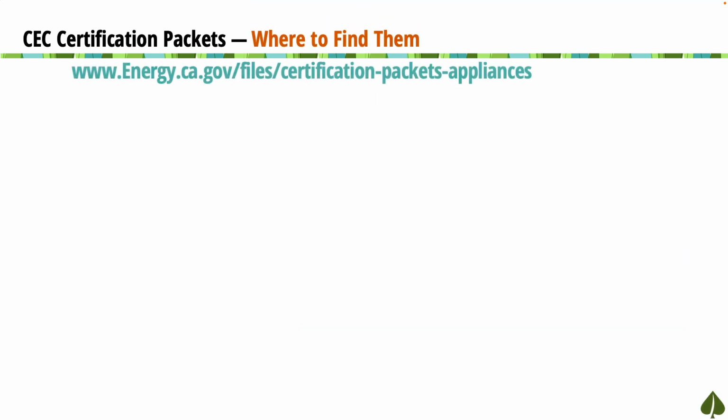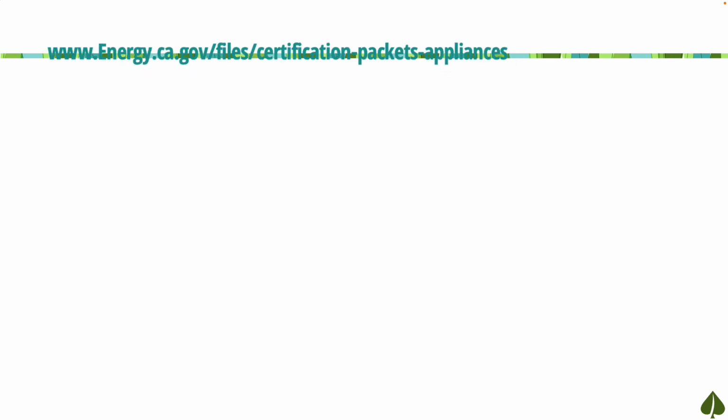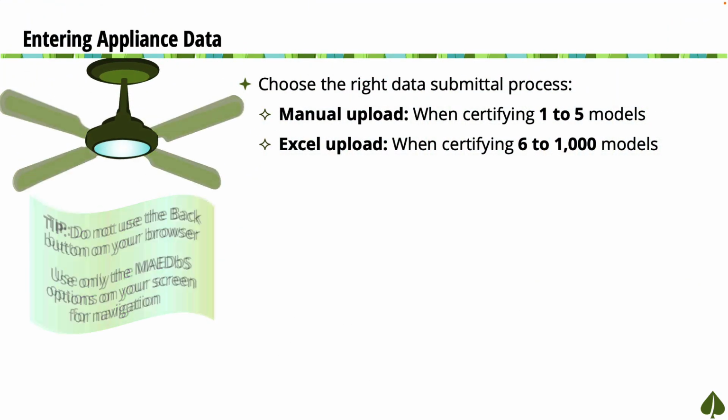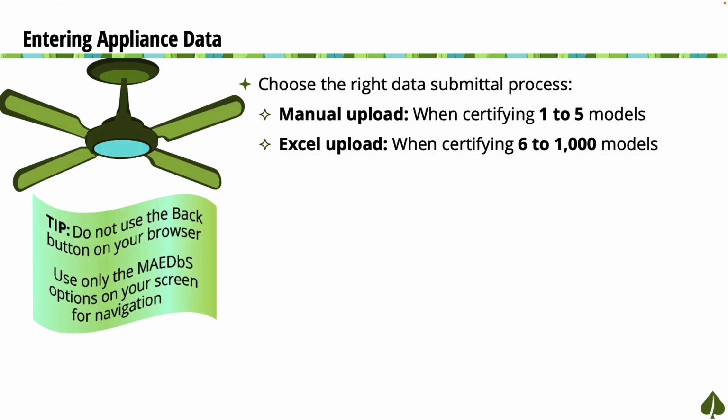You'll find the certification packets on the CEC Appliance Efficiency Regulations website, www.energy.ca.gov/files/certification-packets-appliances.